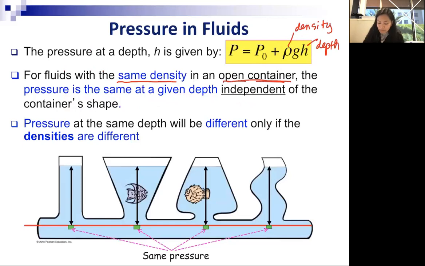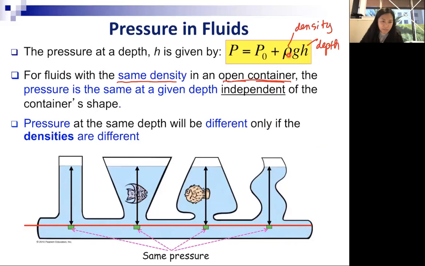So if it's the same liquid as shown in this figure here, just think about this as water with different containers of different shapes, regardless of the shape of the containers, the pressure at the same depth will be the same because the depth is the same for all containers.